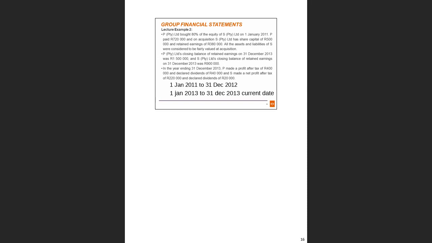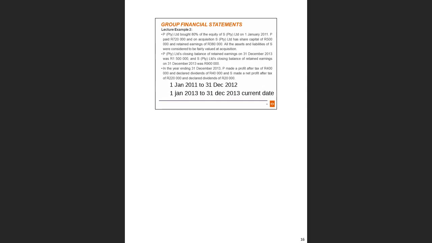We know our total post-acquisition profit is 520,000 Rand. The portion relating to the current year is 200,000 Rand. So who can tell me the portion relating to the period 1st of January 2011 to 31 December 2012?